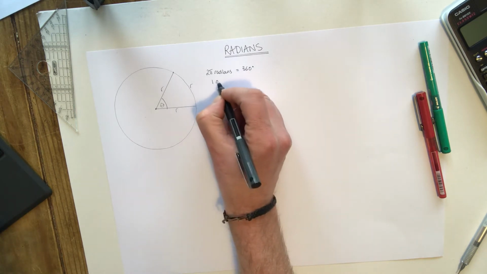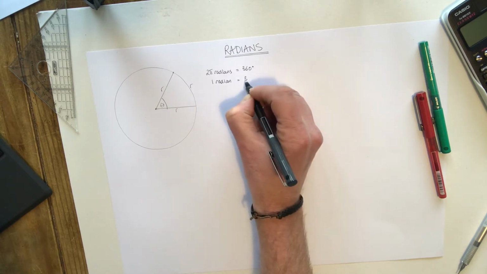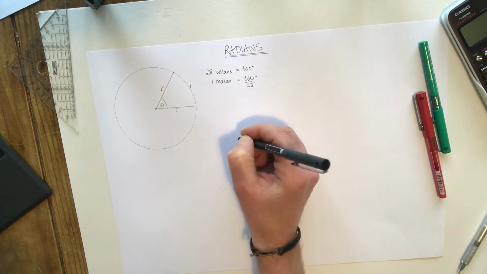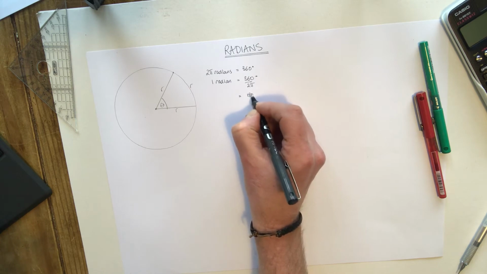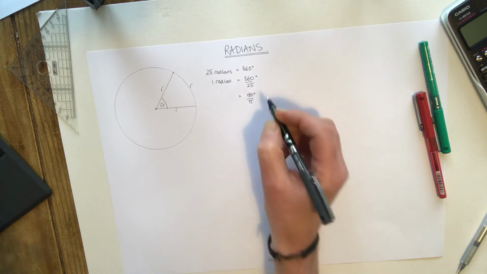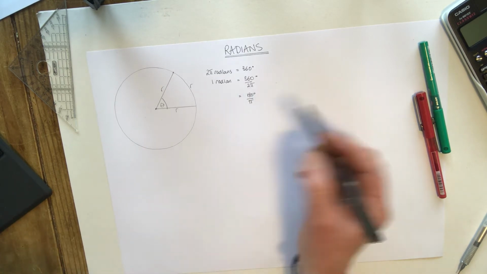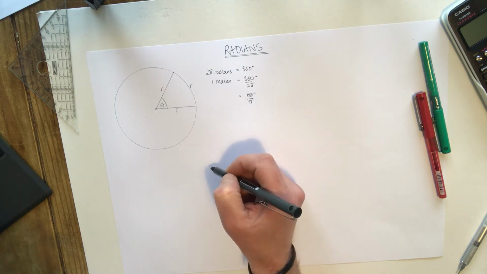In other words, 1 radian is 360 over 2 pi degrees, or more commonly 180 over pi. So 180 over pi is your multiplier in order to be able to work out radians to degrees, and obviously degrees to radians. You'll be dividing by this.